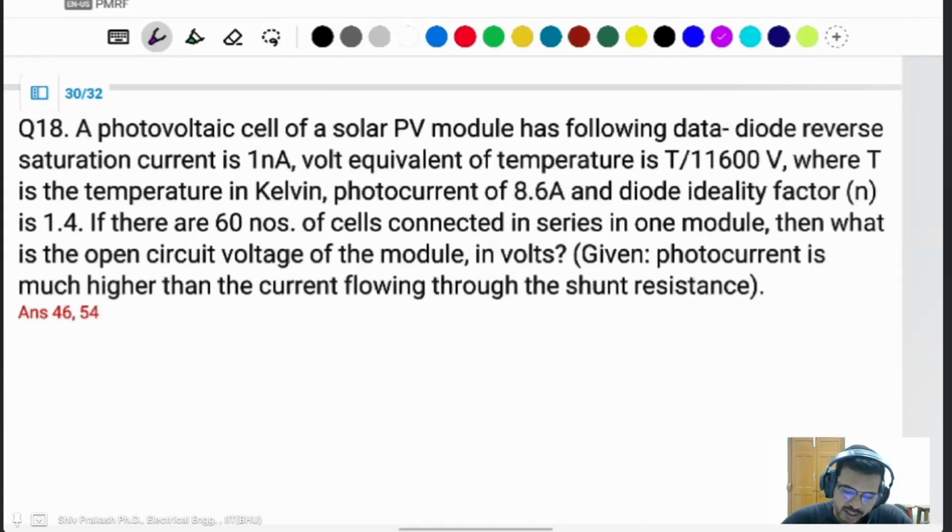A photovoltaic cell of a solar PV module has the following data. Diode saturation current is given as 1 nanoampere.